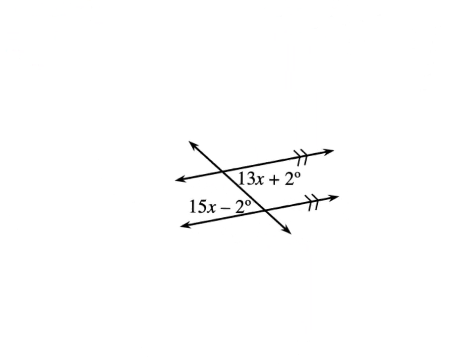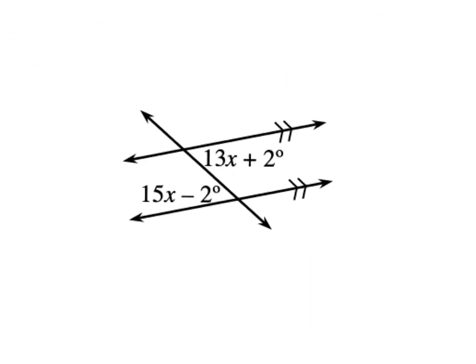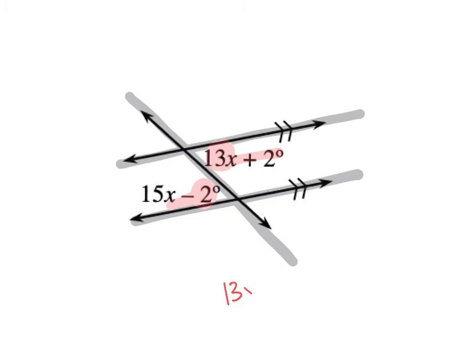And then moving on, I'm going to look at this one with parallel lines. Now I have two lines that are parallel with those arrows cut by a transversal, and it looks like these two angles are alternate interior angles. So they are on opposite sides of the transversal, and they are on the interior of those parallel lines. So I know alternate interior angles are congruent when lines are parallel.